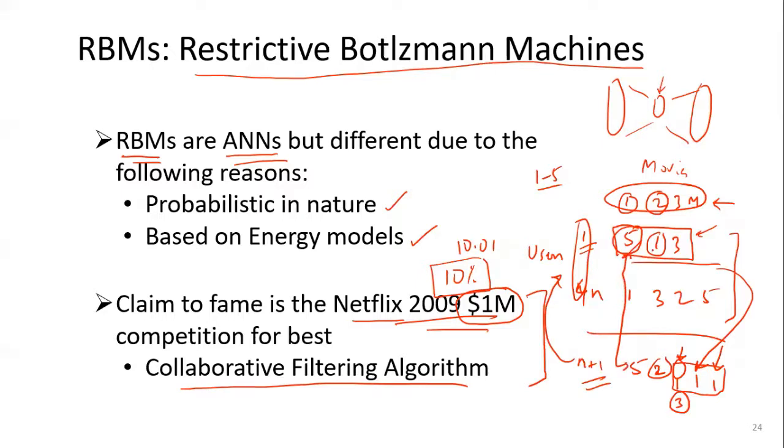Why do you think that if this chap rated this particular movie a 1 and this particular movie a 5 and this particular movie a 1, there was some inherent feature about these two movies, which is why these two people were rating this similarly?